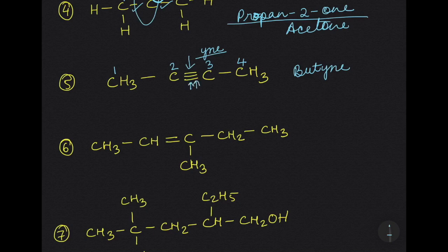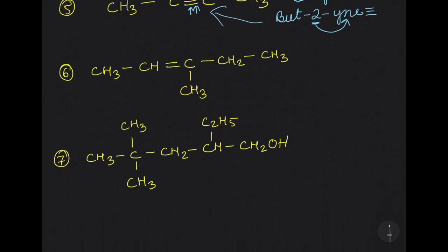Okay, and the locant is: the triple bond is attached to which carbon? The second carbon. So what is your IUPAC name? But-2-yne. So this 2 indicates which carbon atom contains the triple bond. Okay, so this is your IUPAC name for this organic compound.